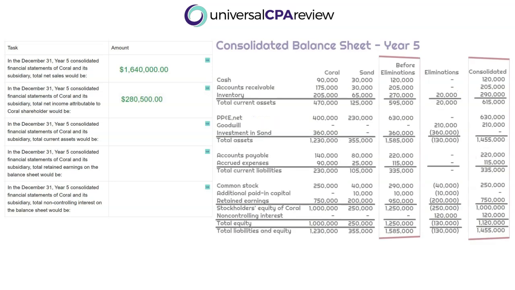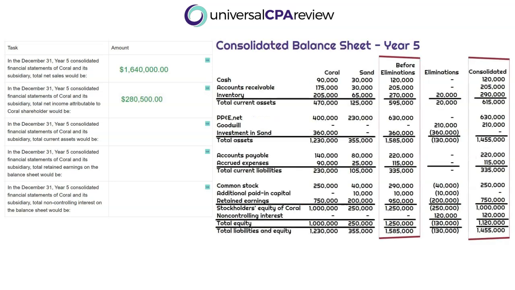So these next few relate to the balance sheet, so that's what I'll bring up, right? So this next task says, in the December 31 year 5 consolidated financial statements of Coral and its subsidiary, total current assets would be what? Right, so if we just took the total current assets from the individual unconsolidated balance sheets, well, before our step up in fair value, you would have said it's $595,000.